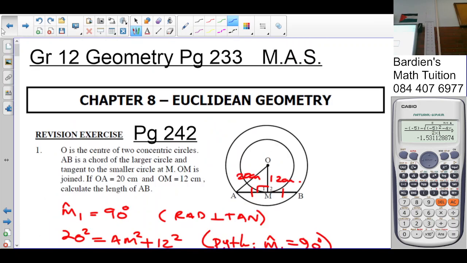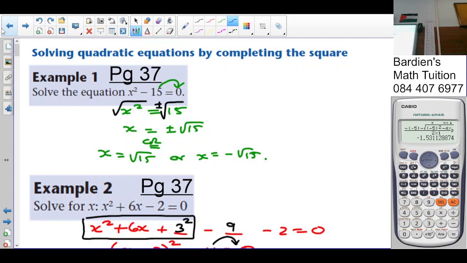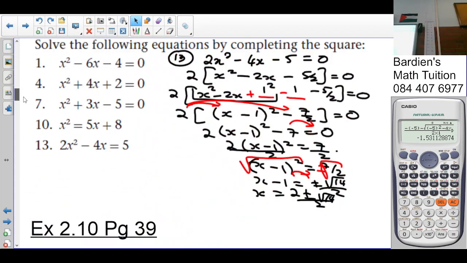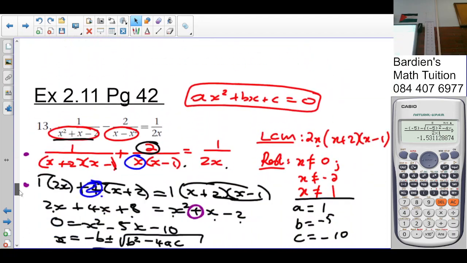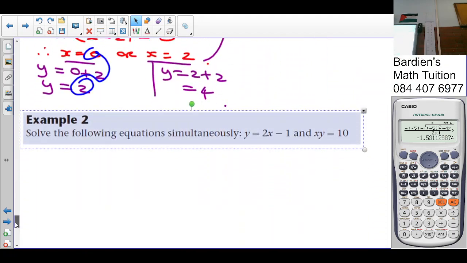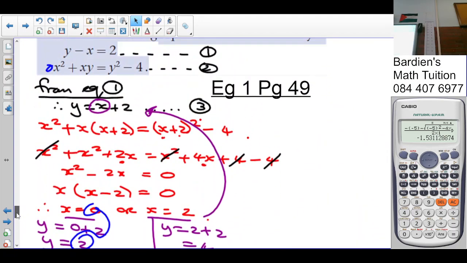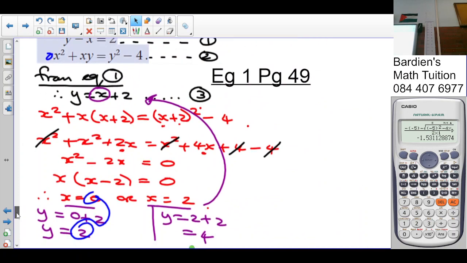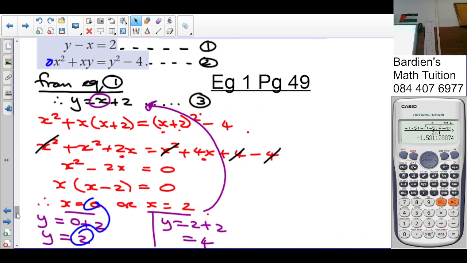I don't want to scare you with that. That's grade 12 geometry. Very nice topic if you know your grade 11 geometry. It's easiest. Listen, if you had known your grade 8 geometry, do you know your grade 8 geometry?